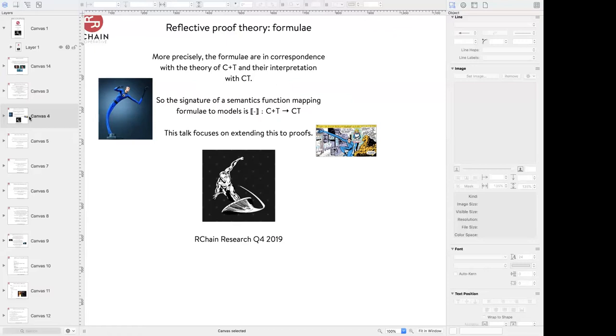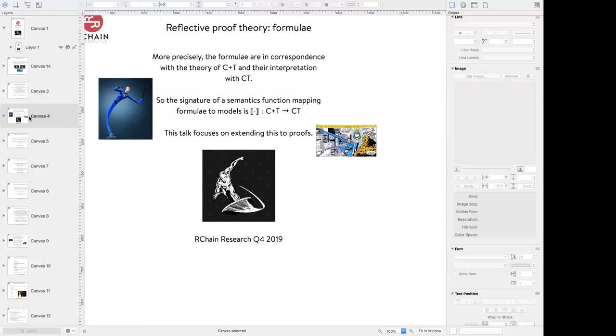And you can easily see that if you have the monad laws and the distributive law, you can take any such word and reduce it down to just CT. And what that means is that you're interpreting these formulae as collections of terms.